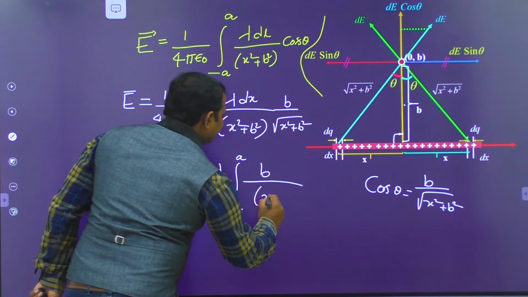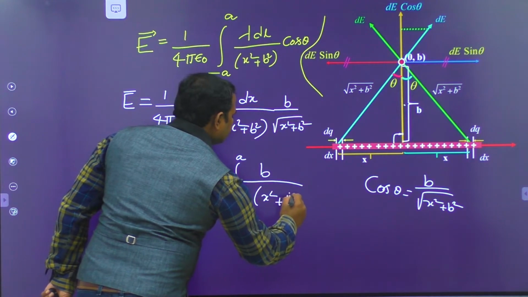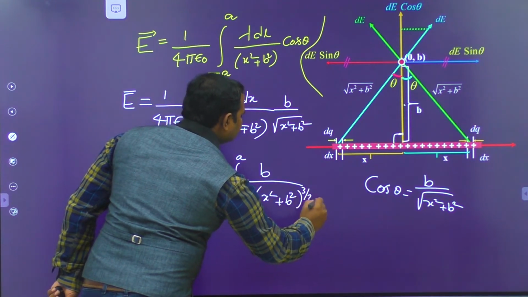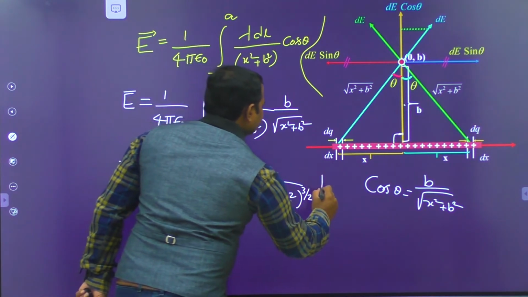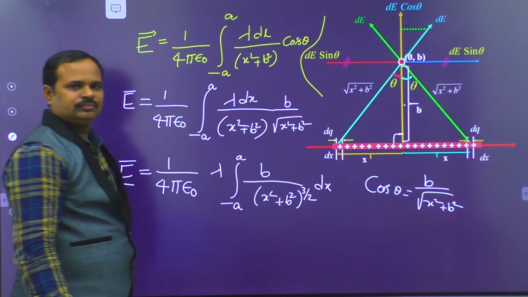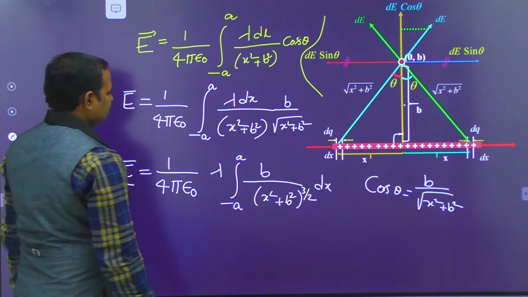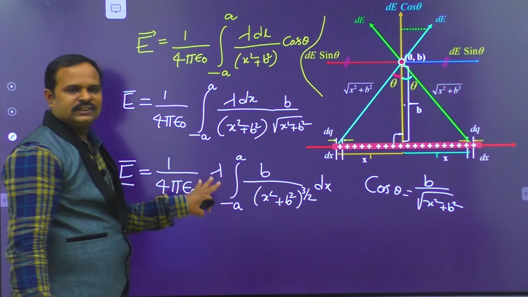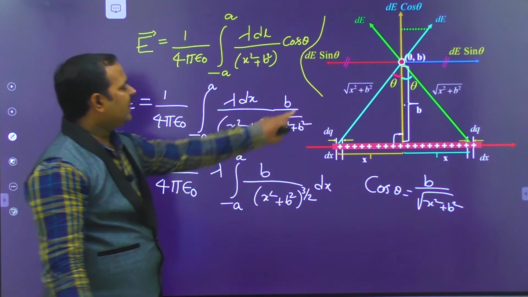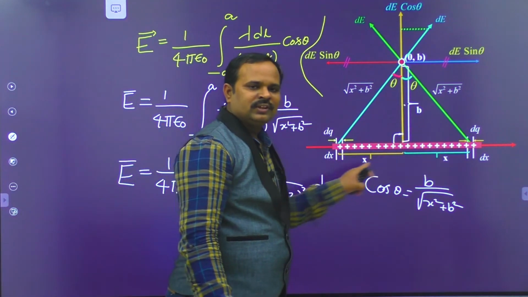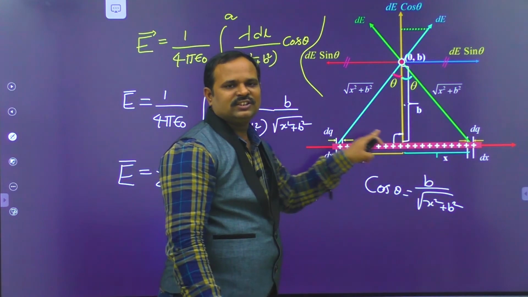So we can write (x² + b²)^(3/2) into dx.